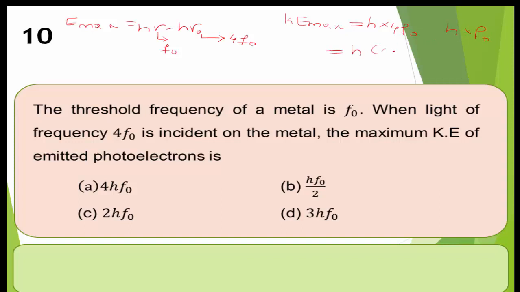Take the h value outside, you get 4 F0 minus F0. Here 4 F0 minus F0 is 3 F0. Now h into 3 F0, or it is 3h into F0. The option D is the right answer.